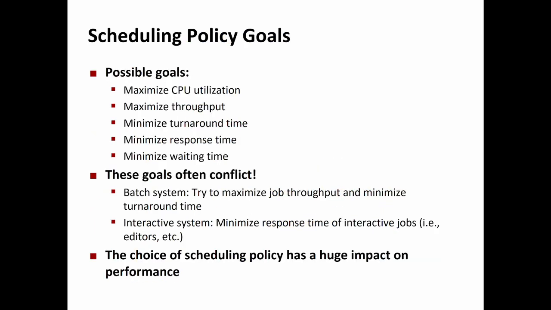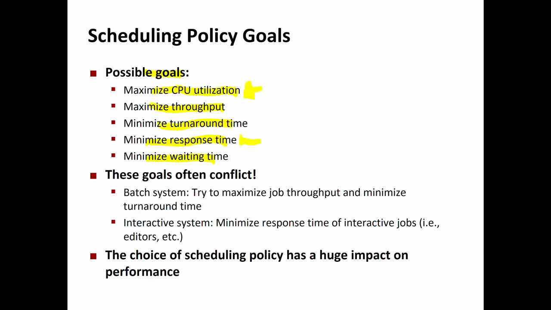So possible goals for our scheduler are: you may wish to maximize CPU utilization. Ideally, you want your CPU to be busy 100% of the time. You may wish to maximize throughput, minimize turnaround time, minimize response time, and minimize waiting time. Note that if I want to minimize response time and maximize CPU utilization, these are conflicting goals.